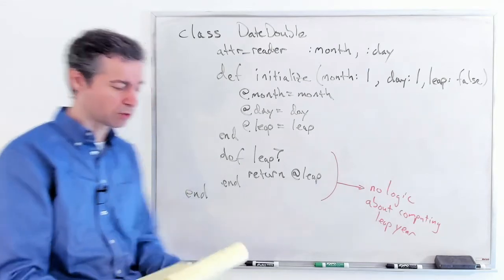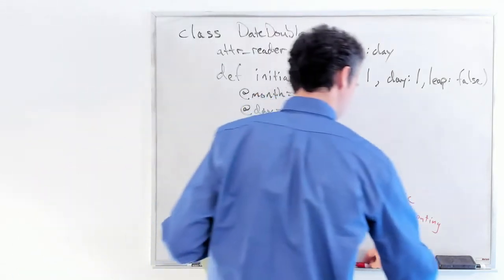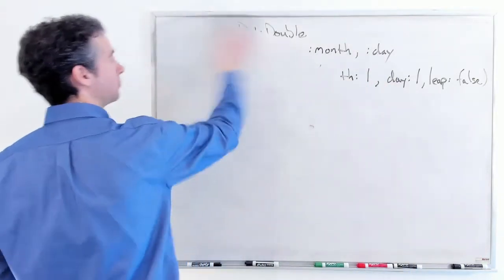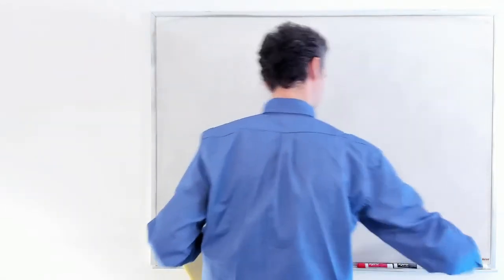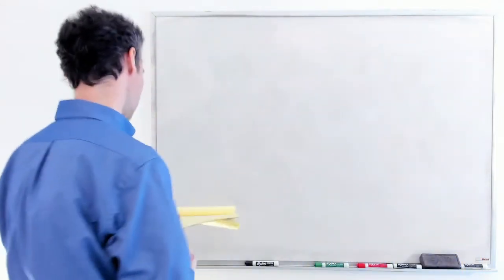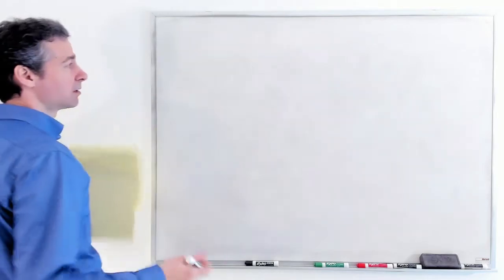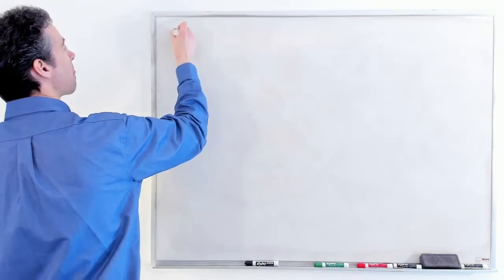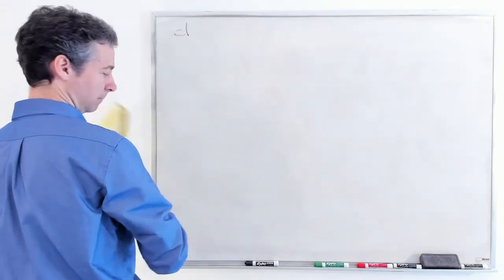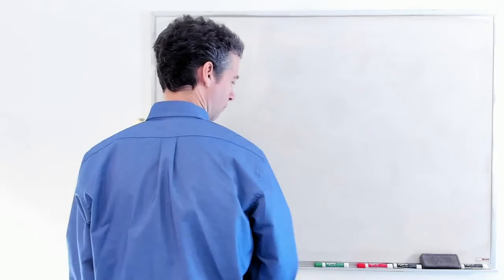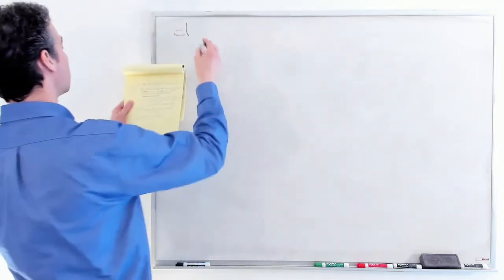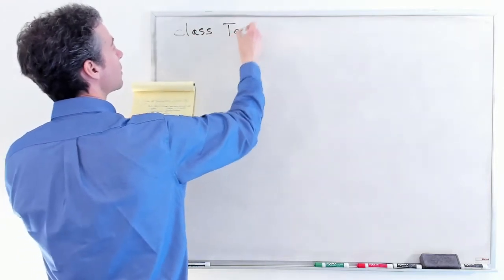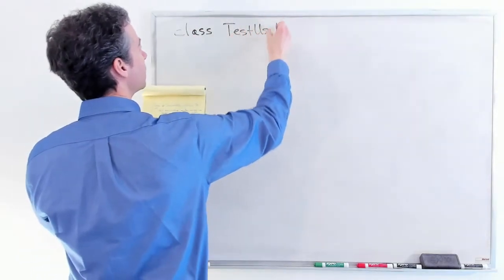So let's show you what this looks like to use this in a test. I've got a file, and in it I've got require, the minitest stuff at the top, anything else that I want. Class, I'm going to call this test user profile.